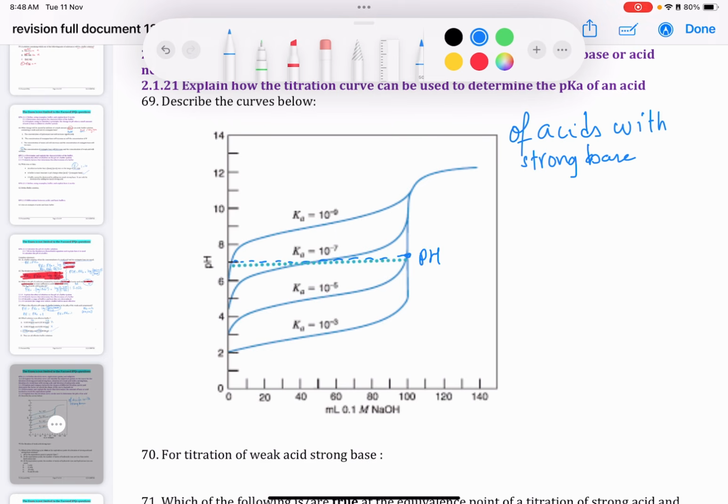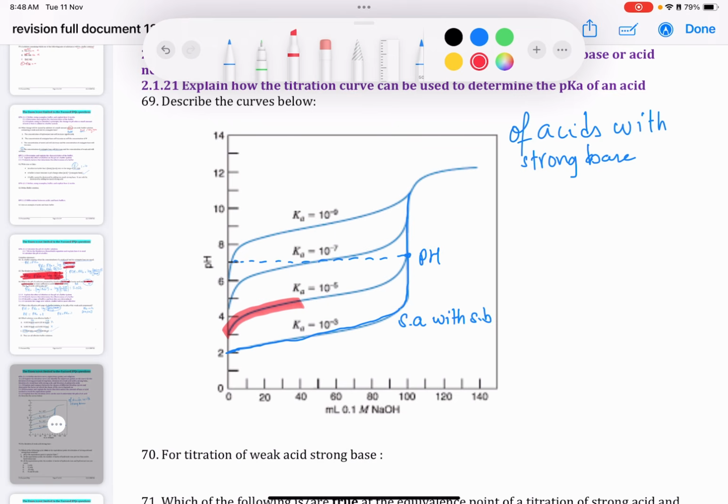So this is pH equals 7. So the first curve, which is this one, corresponds to the titration of a strong acid with a strong base. Why? Because the pH at equivalence point equals 7. And as you can see, the curve starts around 2 and it increases slightly.